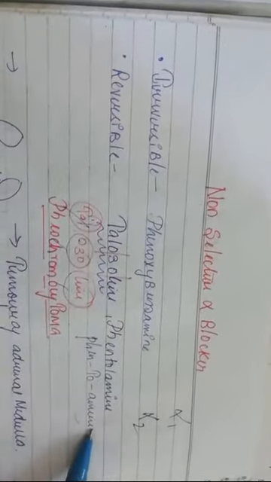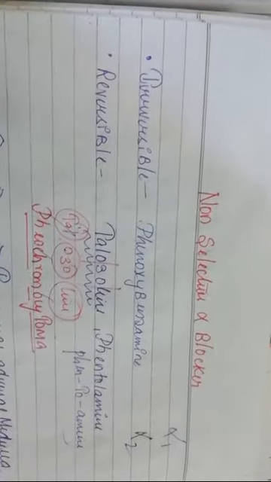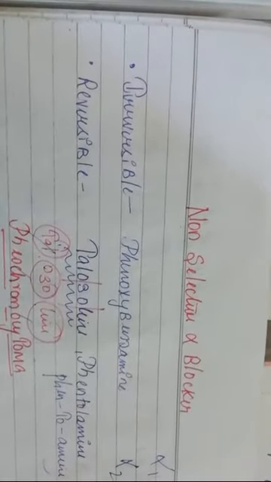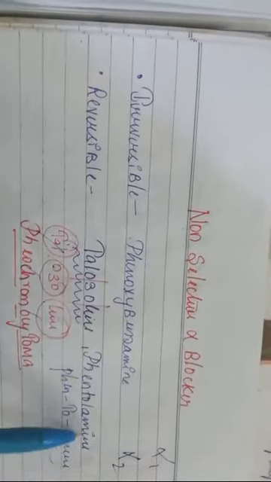In the irreversible group, you have phenoxybenzamine, right? Phenoxybenzamine is irreversible. These are the important drugs you have to understand. Just remember the word tol, and that phenoxybenzamine and phentolamine also end in amine.